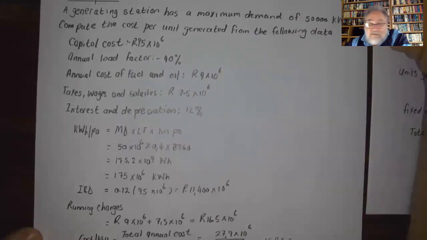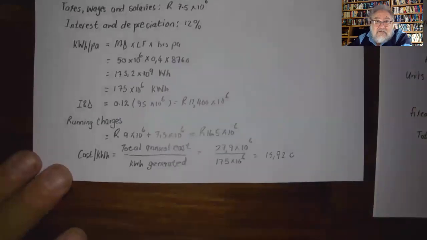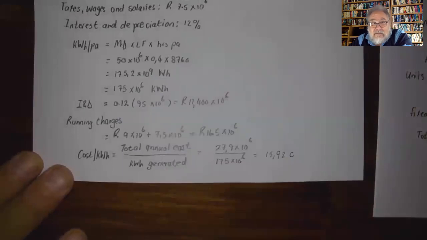Then we look at the running charges. 9 times 10 to the power of 6 plus 7.5 times 10 to the power of 6 gives us 16.5 million. So the cost per kilowatt hour is the total annual cost divided by the kilowatt hours generated.